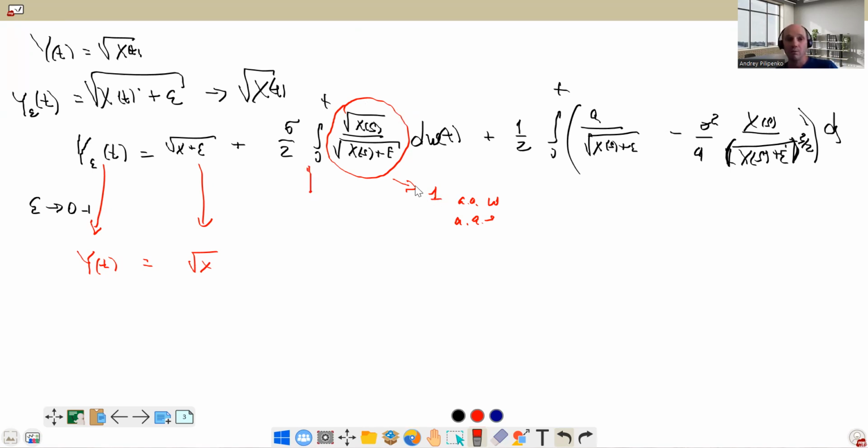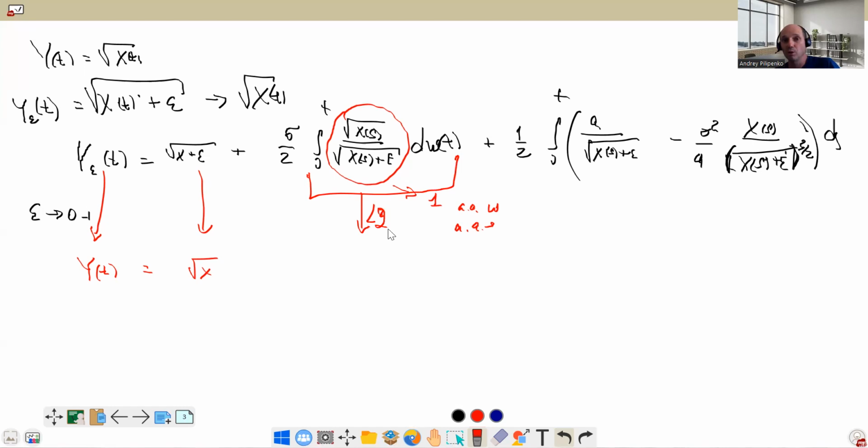and hence this integral converges in L2 and even uniformly in probability to the integral of 1 dw of s, so to Brownian motion, to the Wiener process. So the second term converges to sigma over 2 times sigma times Brownian motion.